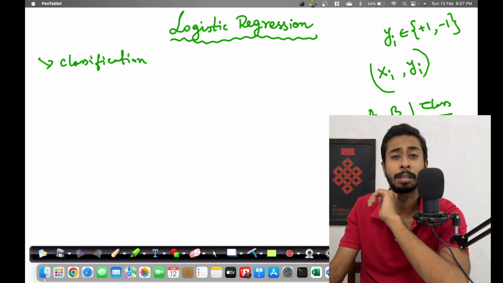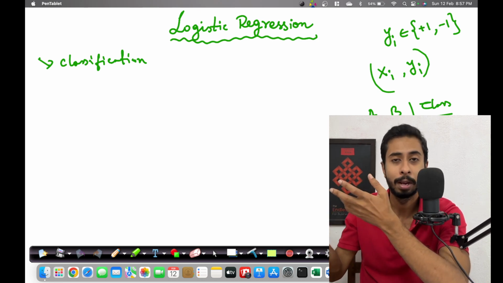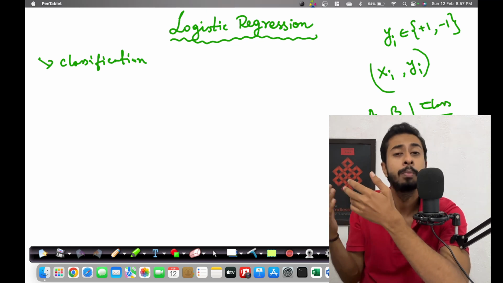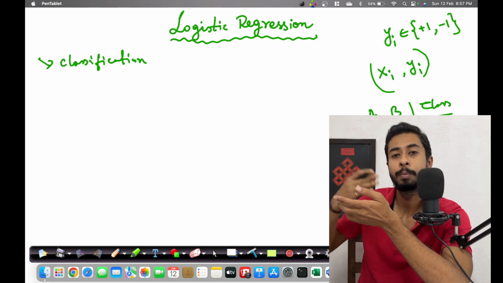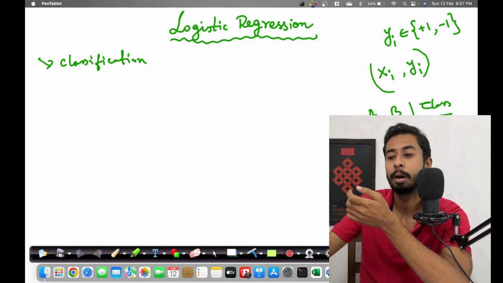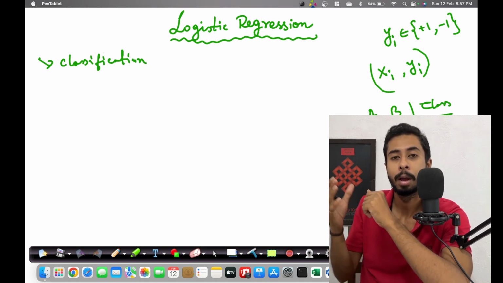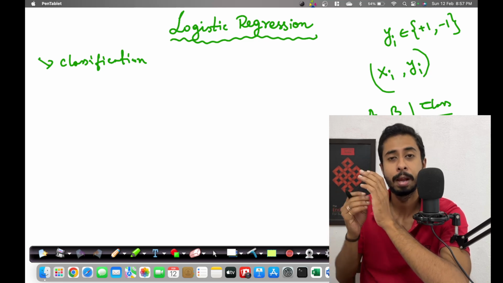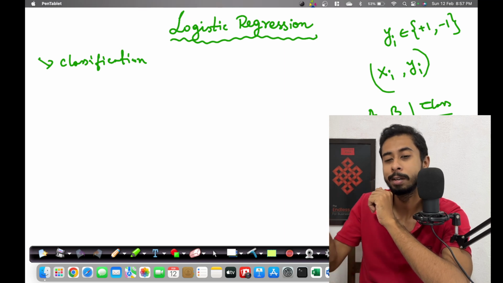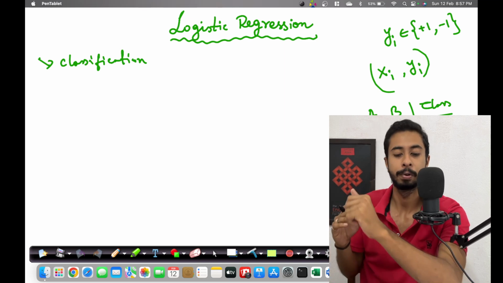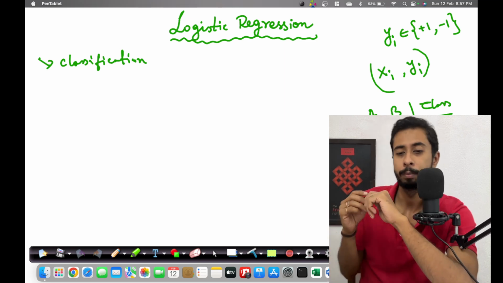So given such kind of training data, what we need to do is we need to build a model, right? We already know that we need to build a model, and that model, when I want to predict something, let's say now an animal has come, and now I know its features A and B, and I'll be providing that A and B to that particular model, and it will say whether it is a dog or a cat, right? So this is our basic problem.